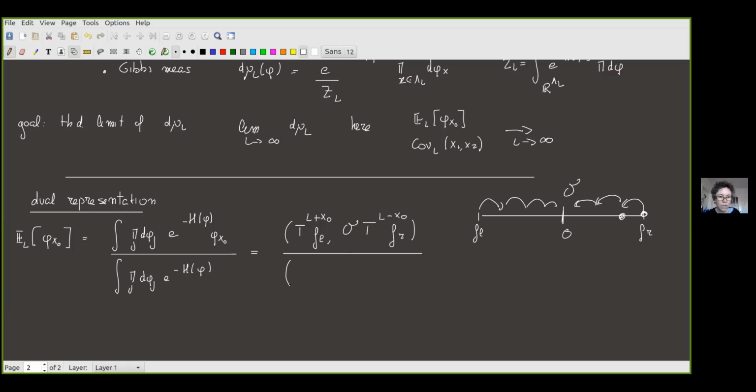Below, I can do exactly the same for the partition function, except there is no observable in the middle, but I can still integrate step by step until I get to the center. So I have exactly the same expression: f left, T to the L minus x0, f right.